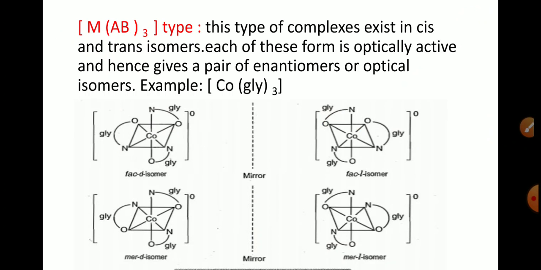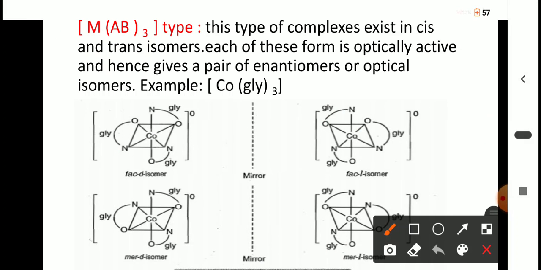It is also a bidentate ligand, but an unsymmetrical bidentate ligand. Unsymmetrical bidentate ligand means, you can see here, glycinate is a bidentate ligand which is having nitrogen and oxygen. In ethylene diamine, both the donor atoms are the same, both are nitrogen.